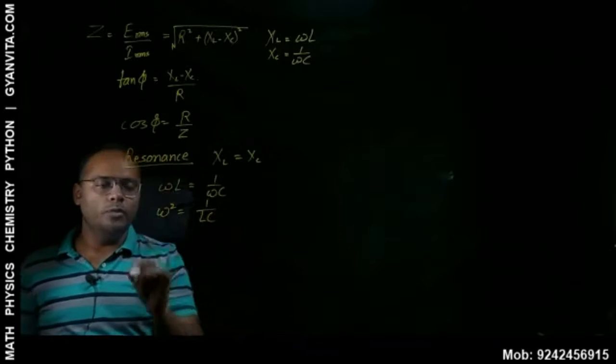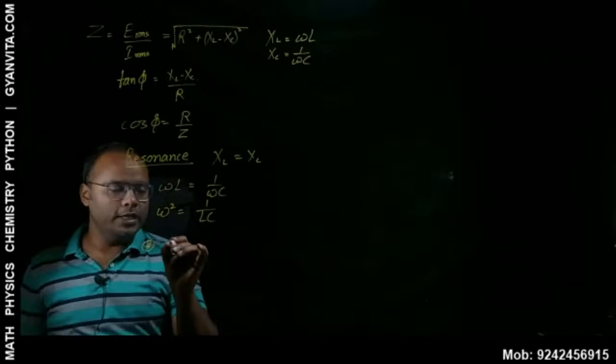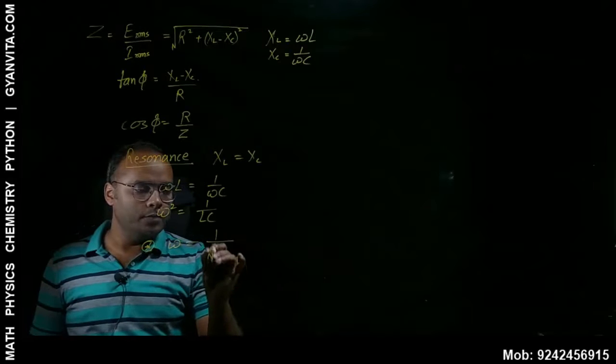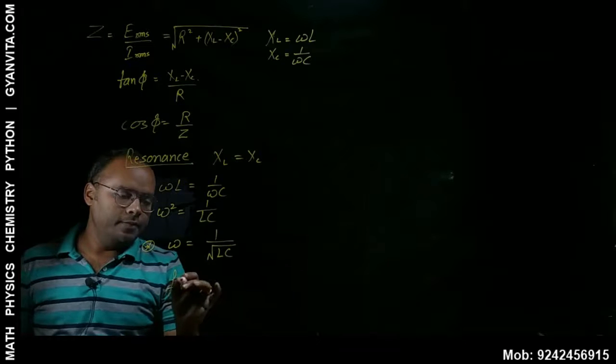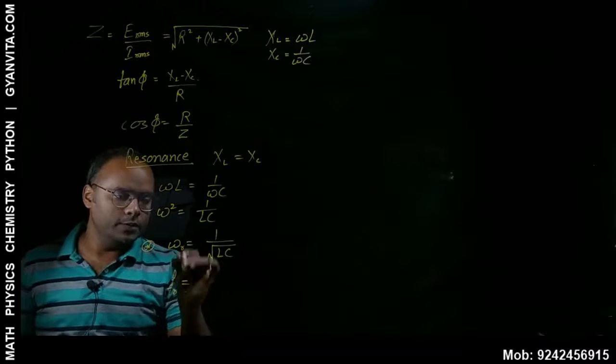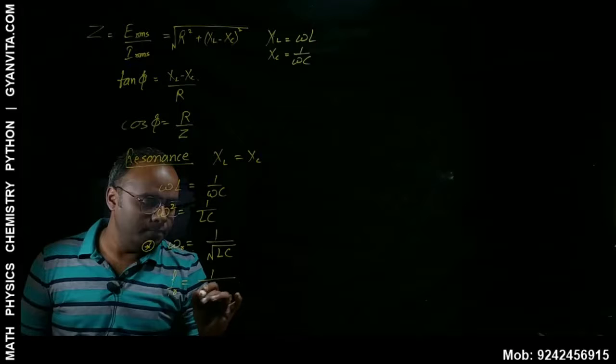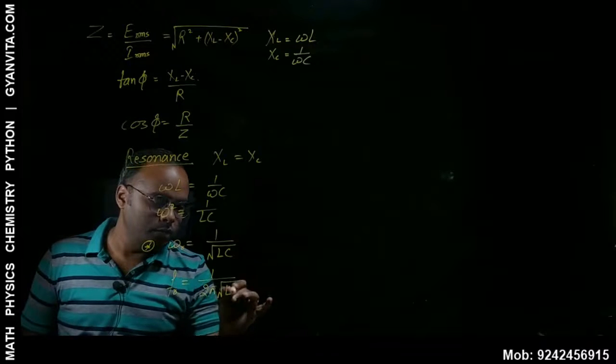So we have two expressions for that: omega is equal to 1 by root LC, or F, the resonating frequency, is equal to 1 by 2 pi root LC.